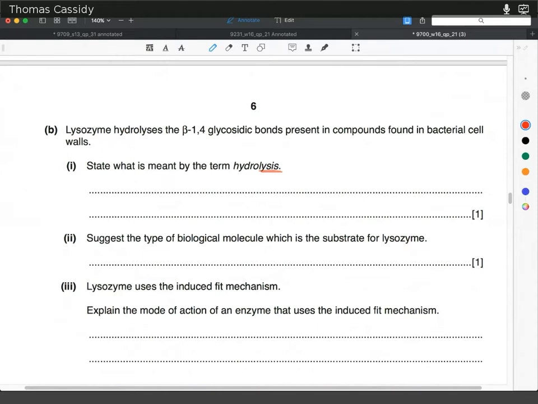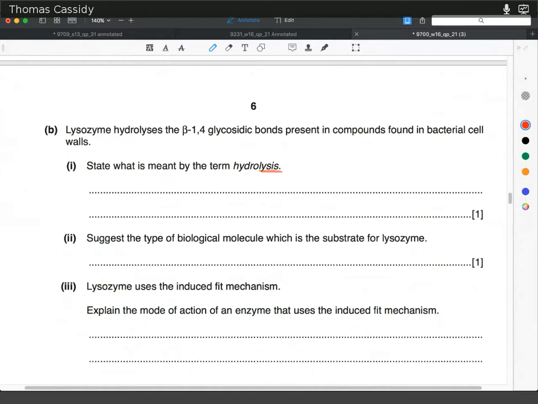So in terms of hydrolysis, we're talking about breaking up a covalent bond with the addition of water, which is where hydrolysis is breaking up with water. So that's a 1 mark, define that term.